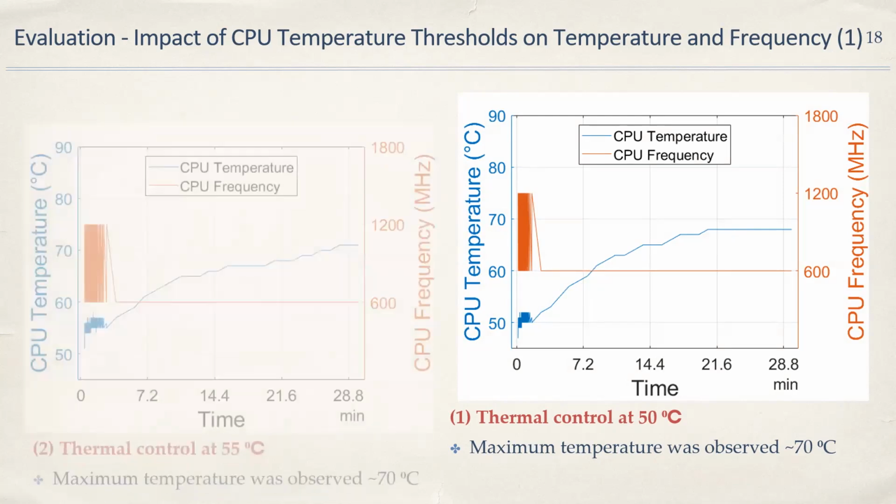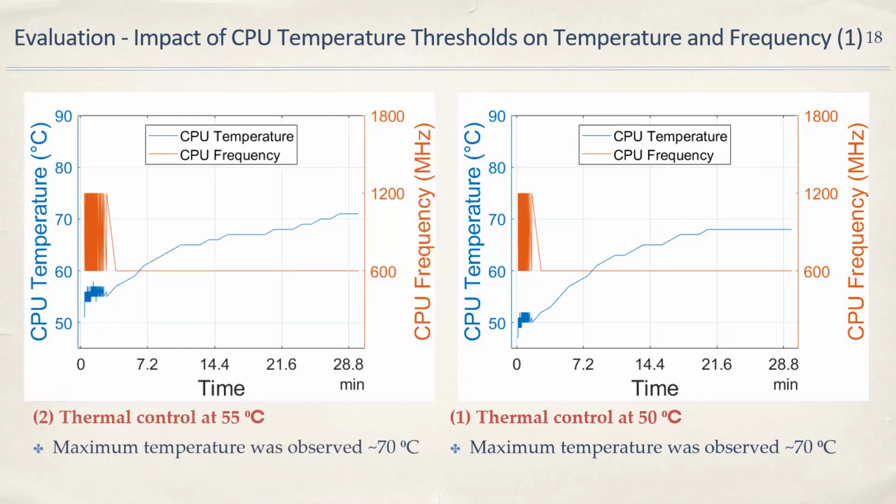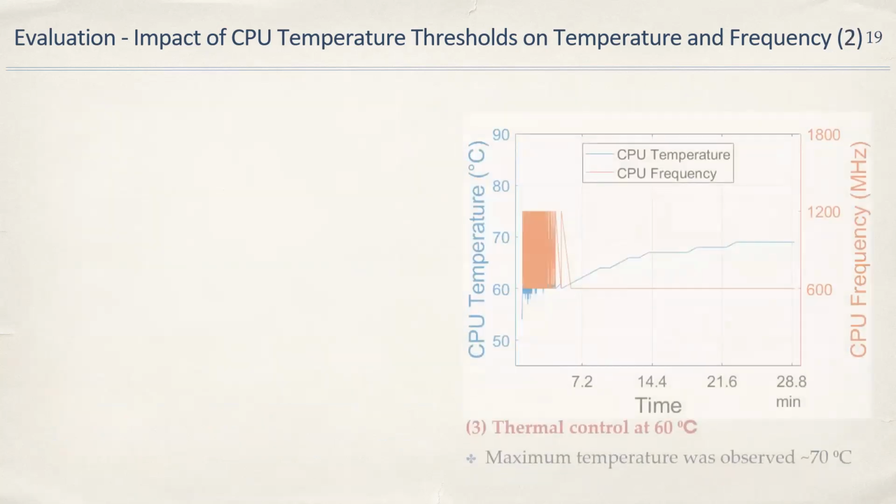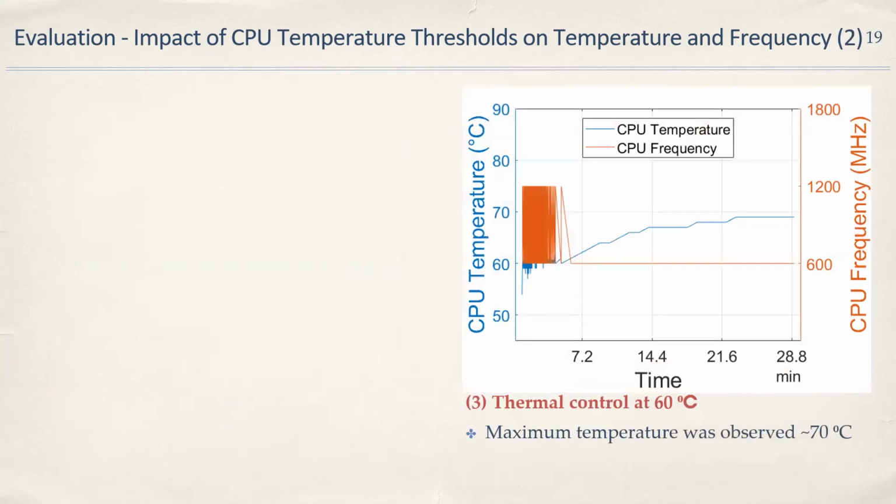And then we tried the same experiment at 50 Celsius, and we got almost similar behavior. Then we tried a similar experiment with 60 Celsius. This time there is more back and forth between the highest frequency and the lowest frequency, but the other parameters are the same.